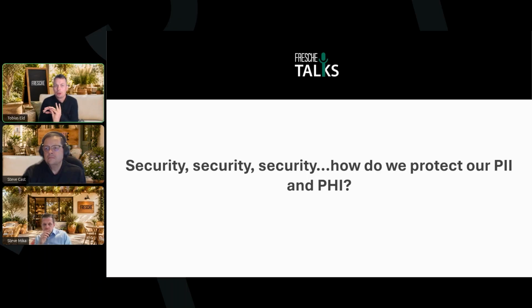Number two, anytime that you're dealing with PII and PHI, you have to have governance oversight owned by a chief data officer role within your company. If you're a smaller company, that's generally owned by a shared function in IT or finance. If you're a large organization, that's a dedicated person.